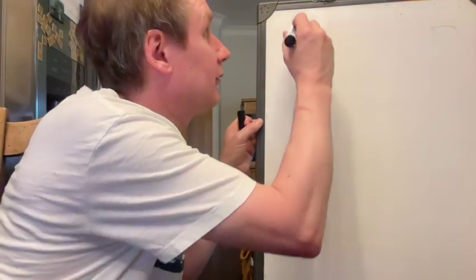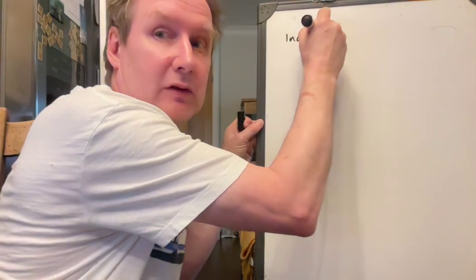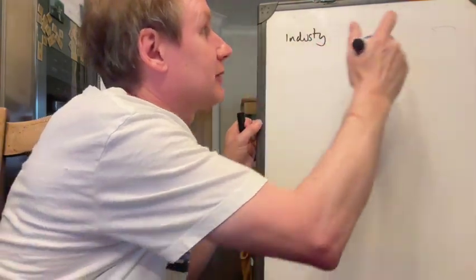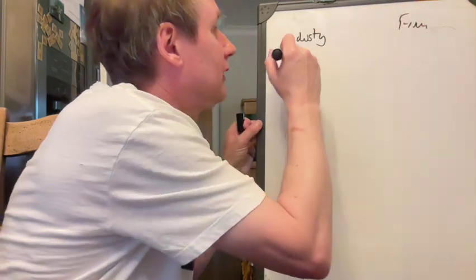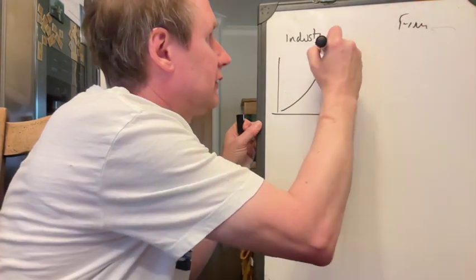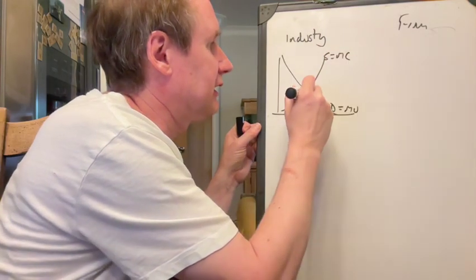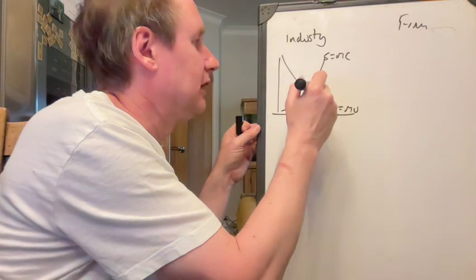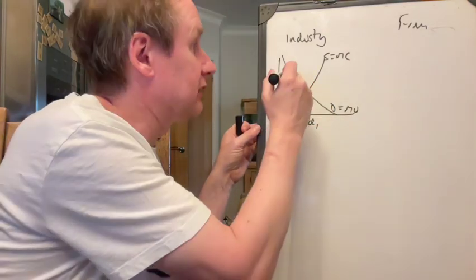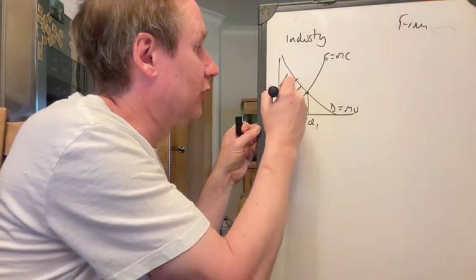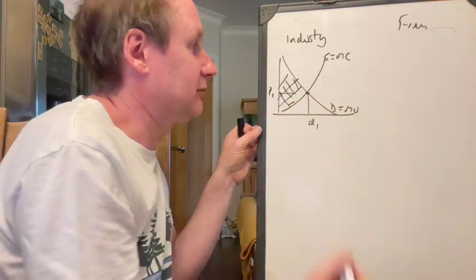If we put the firm and the industry diagrams together, on the industry diagram, we can see supply is marginal cost, demand is always marginal utility, and there's output, that's allocative efficient. Overall community surplus is maximized.